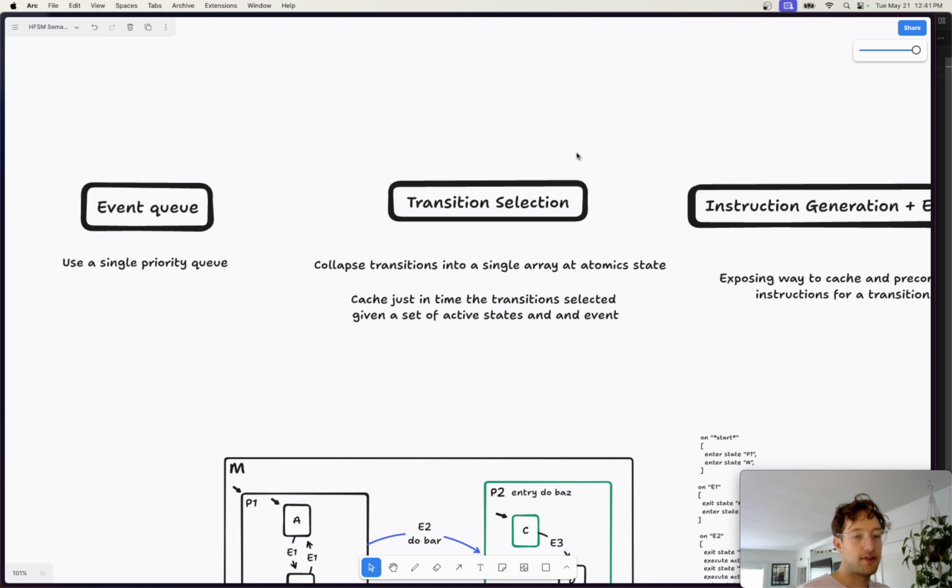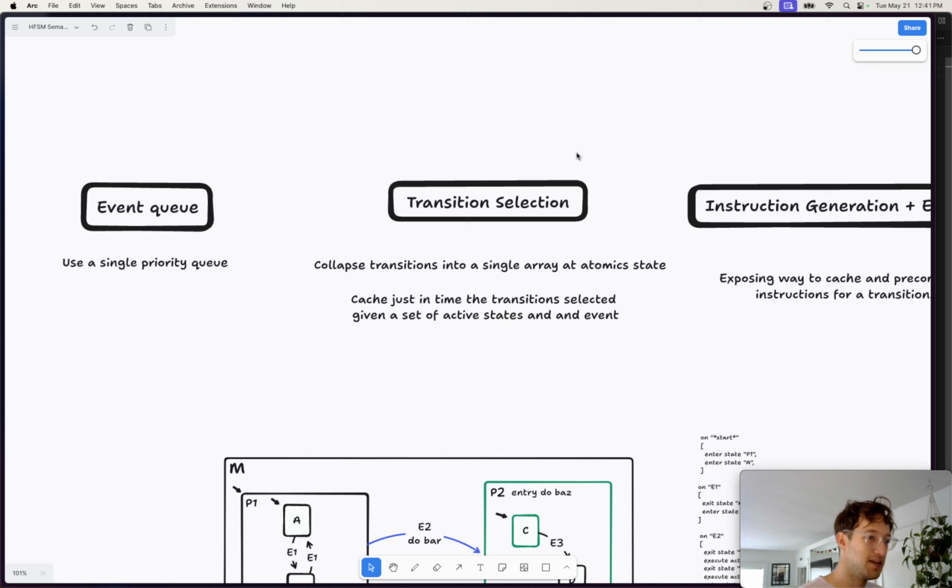So everything that the engine does is queued up on this priority queue, and all these different types of built-in events, start, stop, immediate transitions, raised events, external events, all of them have a different priority. And so they're just synchronously executed until the queue is empty.